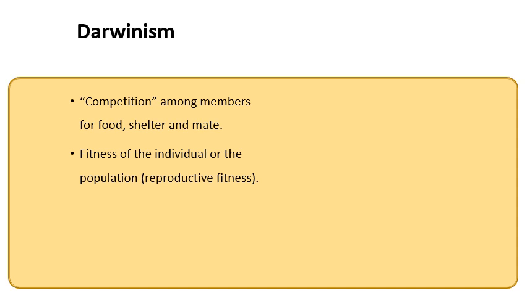So there are different types of struggle. For example, interspecific struggle. When two members compete with one another, and if they are of different species, then we call it interspecific competition or interspecific struggle.